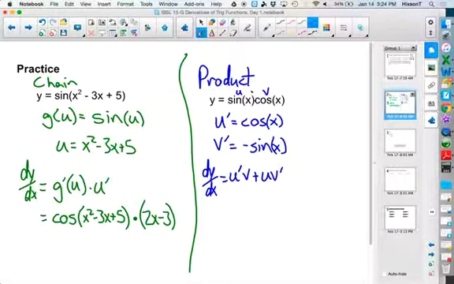Some people were using minuses on the quiz. All right. So here, u prime is cosine times another cosine, because that's v, plus u, which was sine, times negative sine, the v prime.